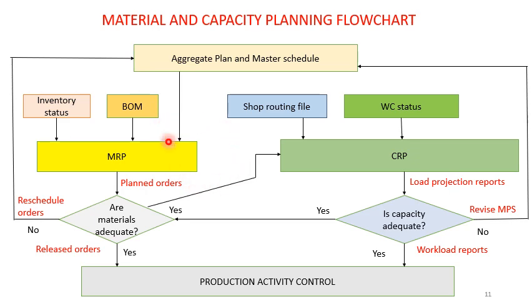So this is a very important flow chart from the point of view of understanding your aggregate plan and master schedule as an input to MRP, inventory status files, bill of materials, shop routing files, work center status, and you come across different types of reports that are either outputs or intermediary documents which are required for you to check whether the entire process is going in the right direction or not.